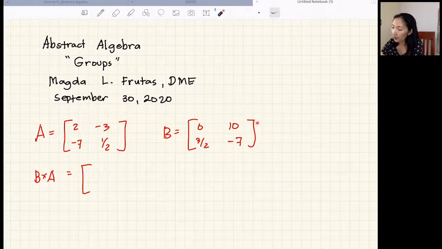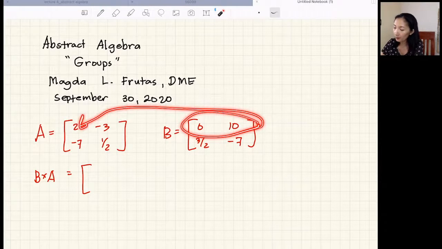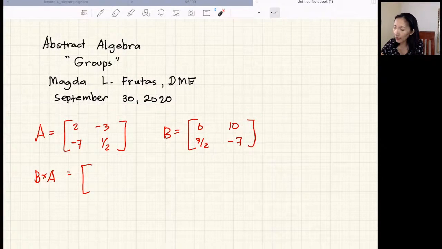First row multiplied to the first column: 0 times 2 plus 10 times negative 7, correct?